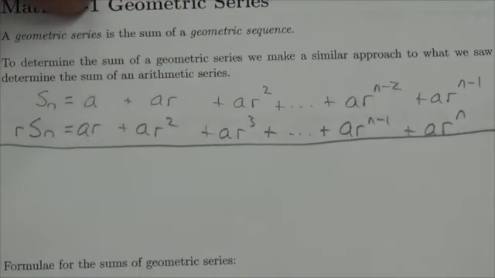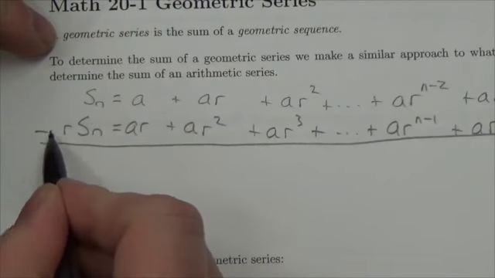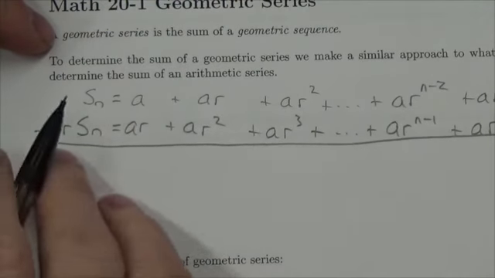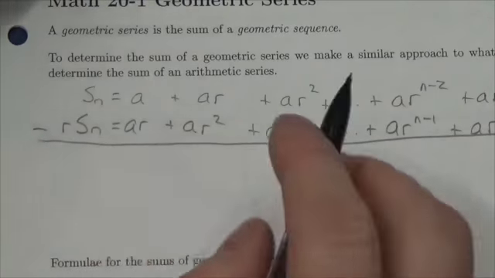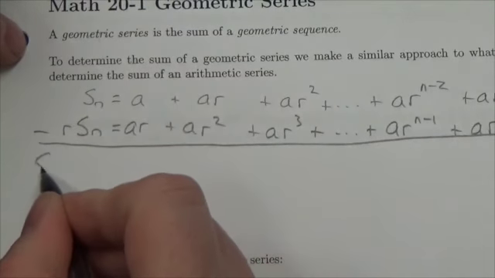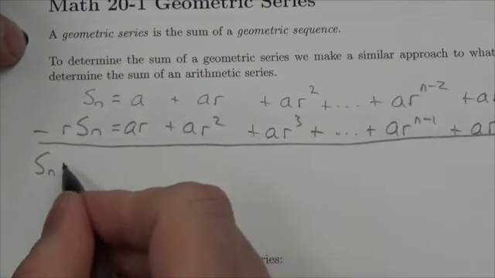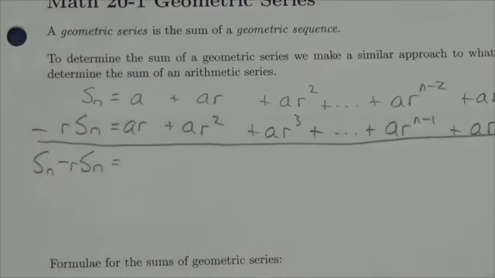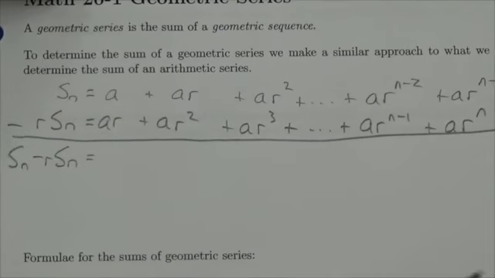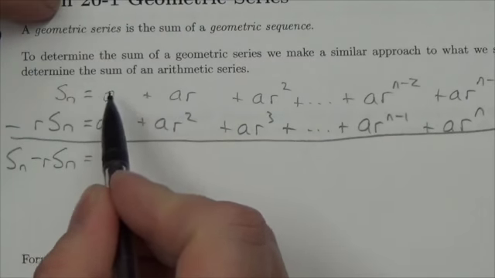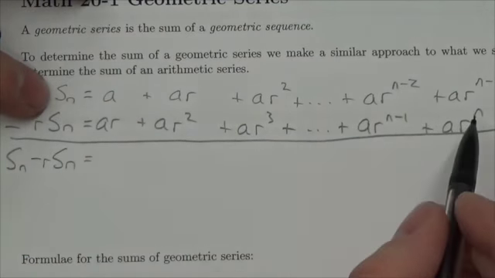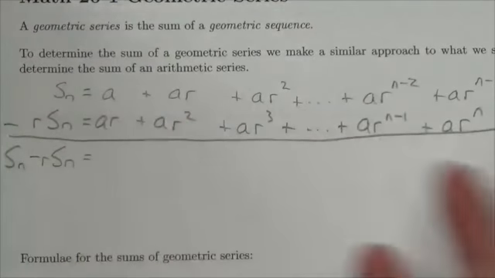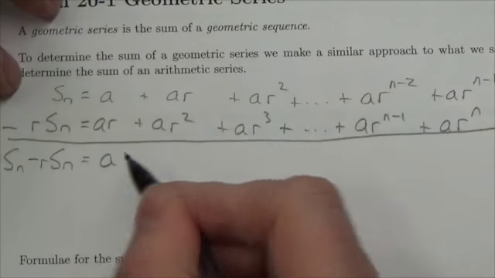So now I'm actually going to subtract this bottom series from the top one. On the left-hand side, I'm going to get the nth sum minus r times the nth sum. But the real magic is what happens on the right-hand side. This term right here doesn't have any counterpart down here, so a minus essentially nothing is just going to be a.